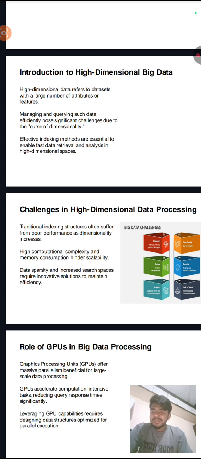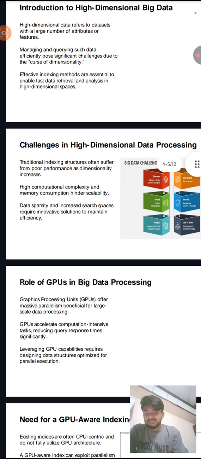Parallel querying distributes workloads across the threads to speed up lookups. For high dimensional data handling, common representations are vectors, for example embedded document vectors. The challenge is that traditional tree based indexes like KD trees degrade in performance, and distance metrics, for example Euclidean and cosine, become less meaningful.